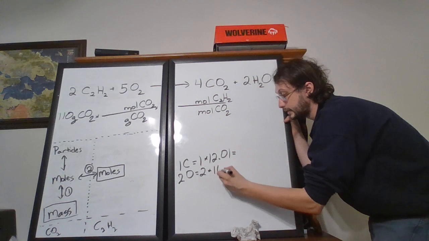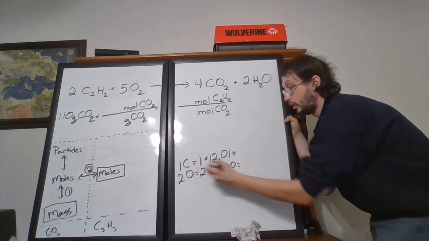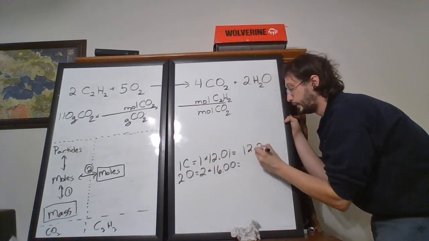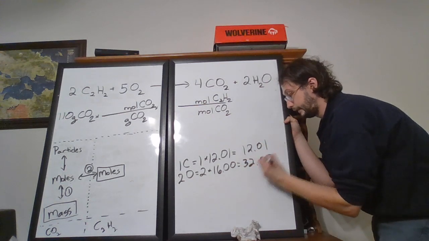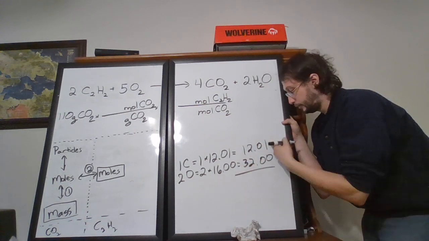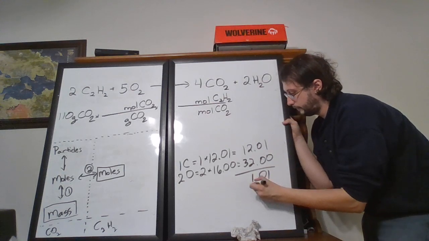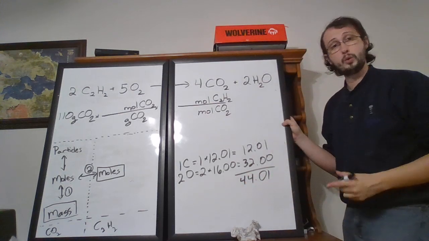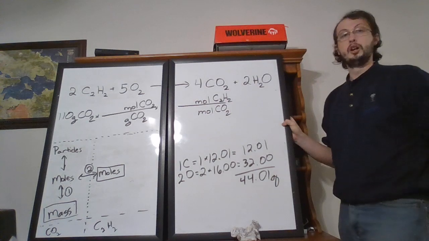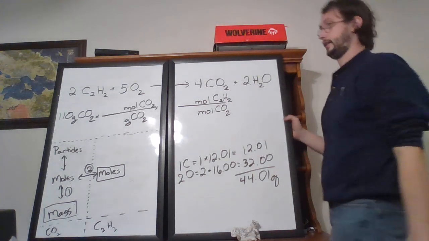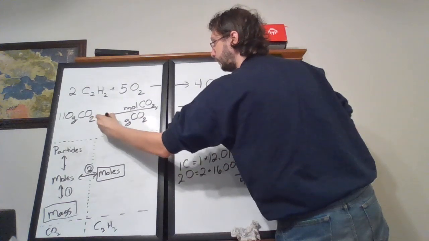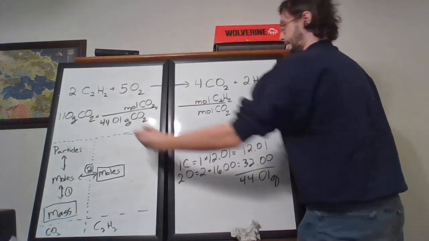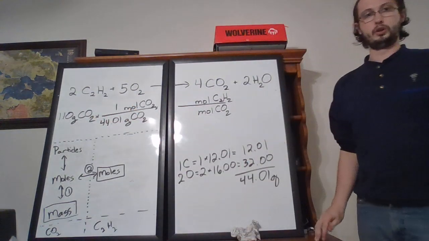Each oxygen is 16. 1 times 12.01 is 12.01. 2 times 16 is 32. And now we've got it set up for an addition problem. 1 plus 0 is 1, 0, 4, and 4, 44.01 grams of carbon dioxide are in each mole of carbon dioxide. So that means this number here, 44.01, goes down here with grams. And that's how many grams are in 1 mole of carbon dioxide.